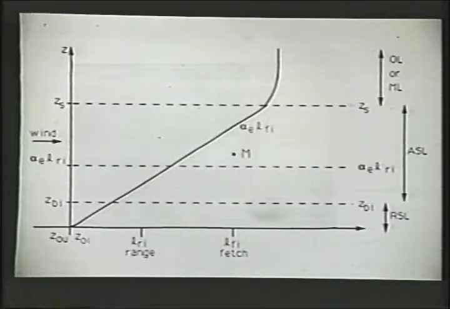This slide didn't quite come out the way I liked it, but I'll tell you this zone here should be shaded. Also, this zone should be shaded, and with good eyes you should be able to see that. At the origin, we have a transition from a surface with a roughness with a subscript U, denoting upwind.